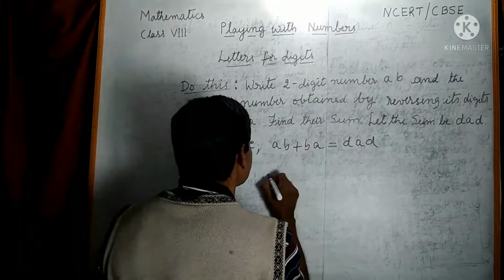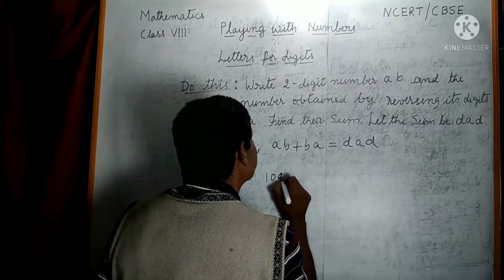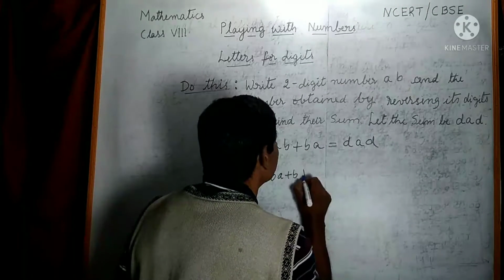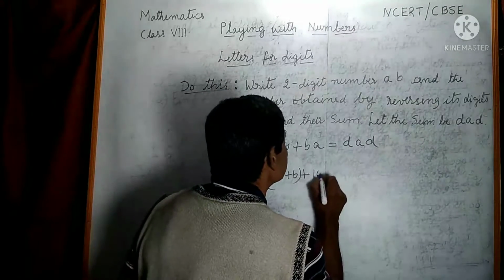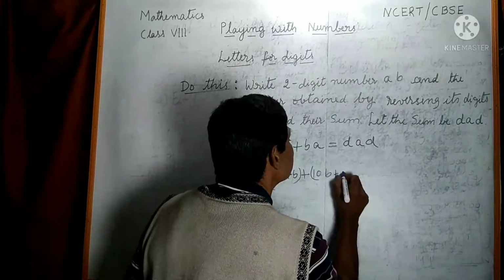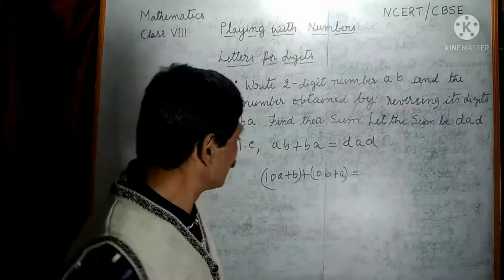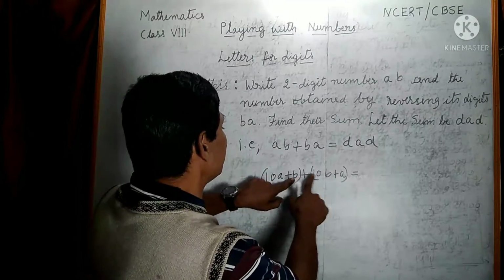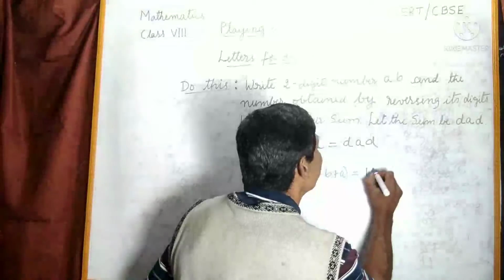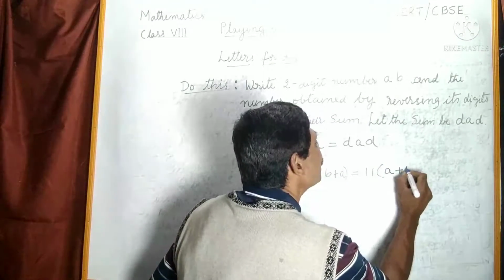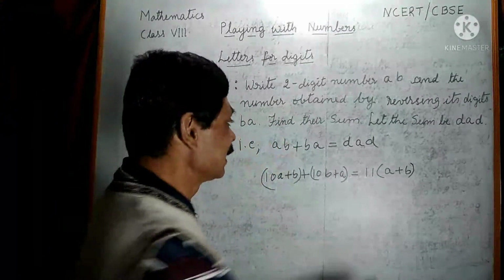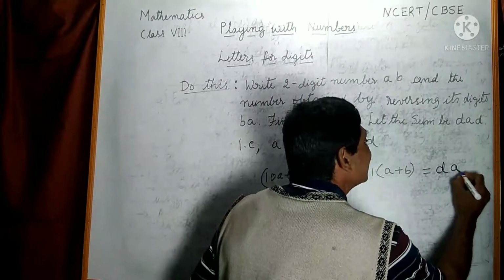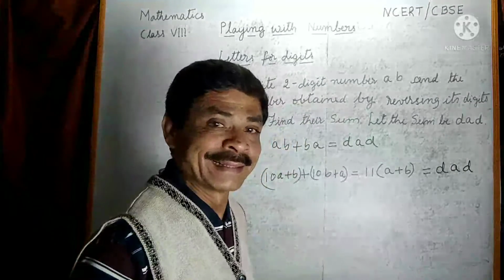AB is equal to 10A plus B and BA is equal to 10B plus A. This is equal to 10A plus A, 11A, and 10B plus B, 11B. So 11 times (A plus B) as 11 is common. This is equal to DAD.